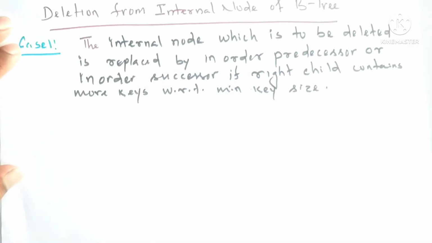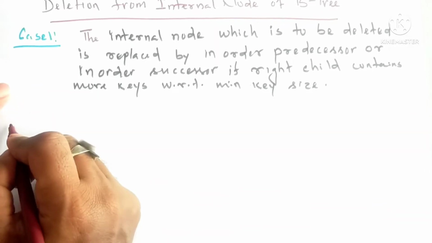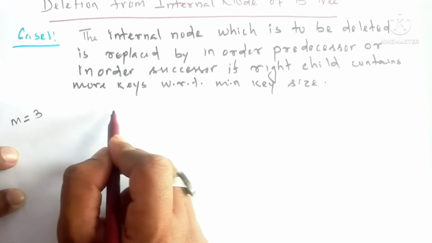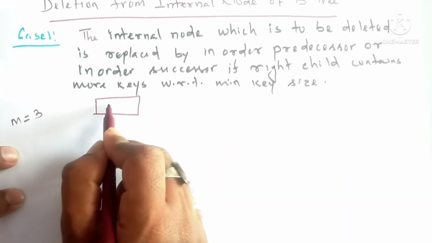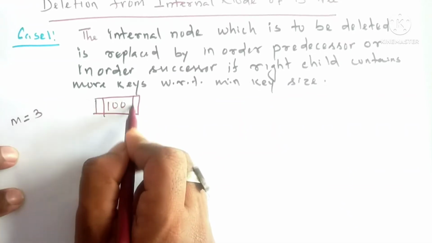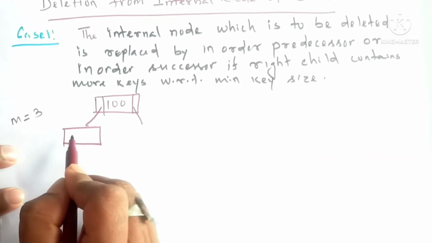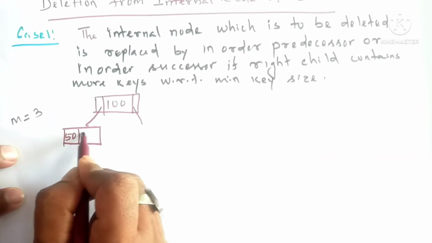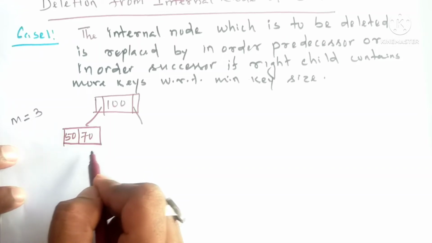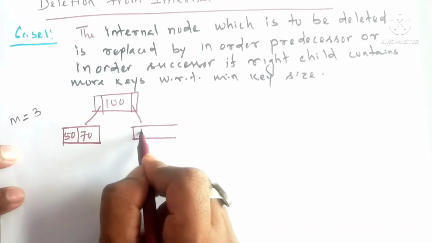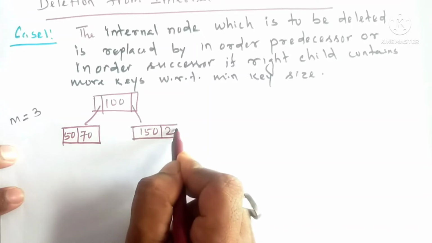For example, take a B tree of order 3. Suppose 100 is here, where you have placed on the left 50 and 70, and on the right 150 and 200.